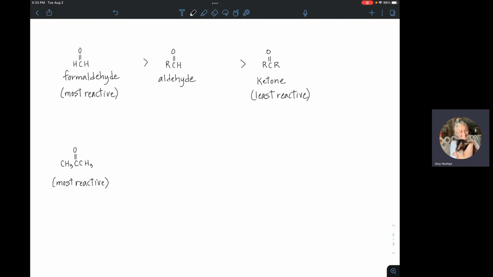And I'm going to start bulking up the alkyl groups, the R groups on either side of the carbonyl. We'll keep the methyl group on this side. And over here on the right, I'll put an isopropyl group. And then in this one over here, we'll put isopropyl groups on both sides.